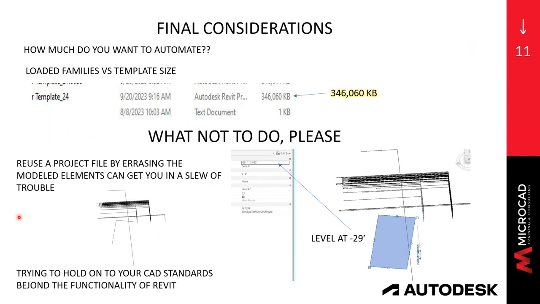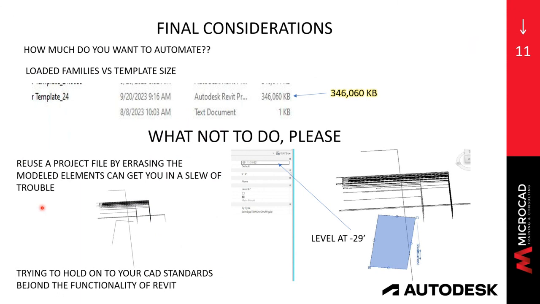You want to keep a pristine, empty Revit project and use that as your template. Do not swipe things over and start modeling anew. Bad habit, bad form, it can create so many issues.